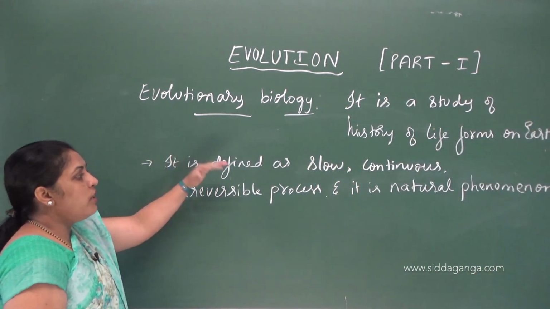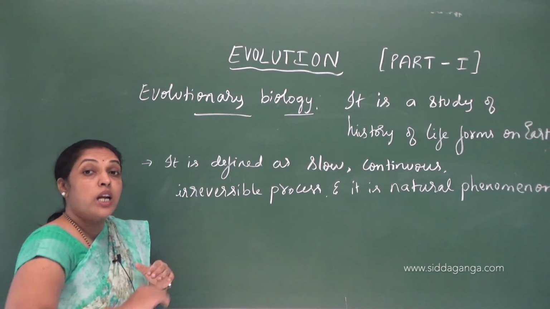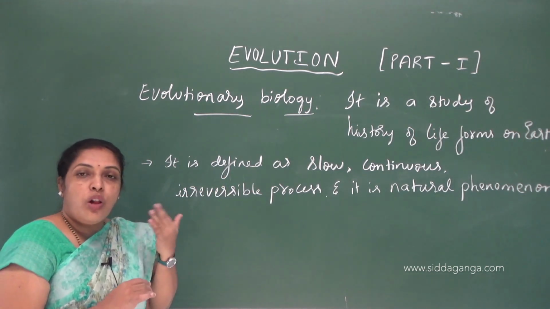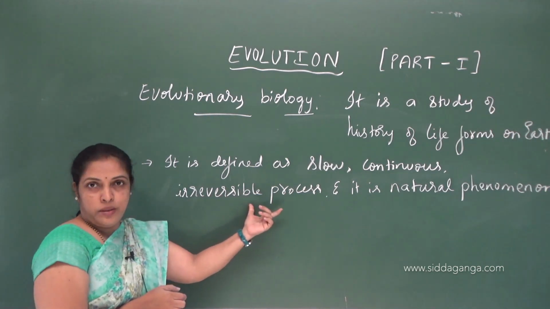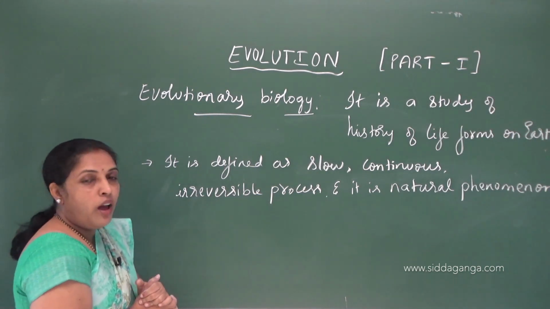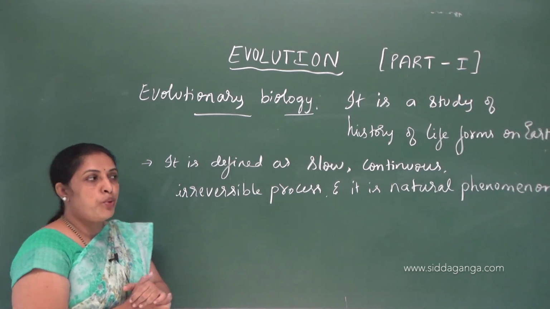So evolution is a slow and continuous process, and all the changes that occur in flora and fauna are irreversible. They are irreversible and it is a natural process.